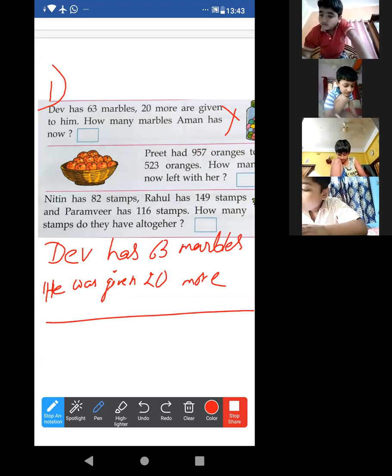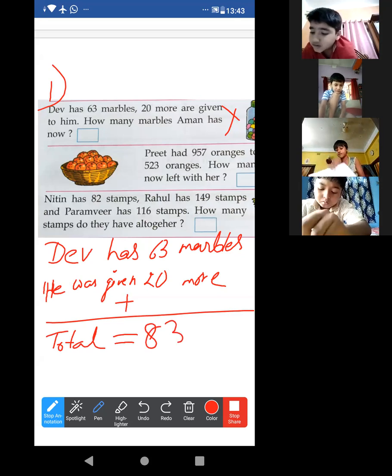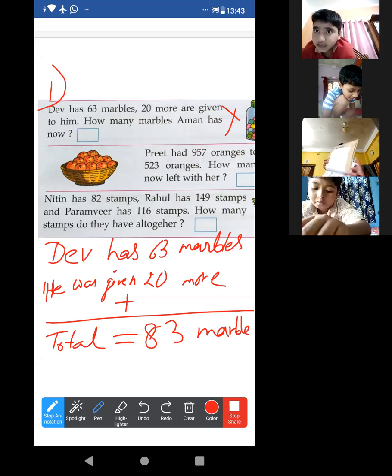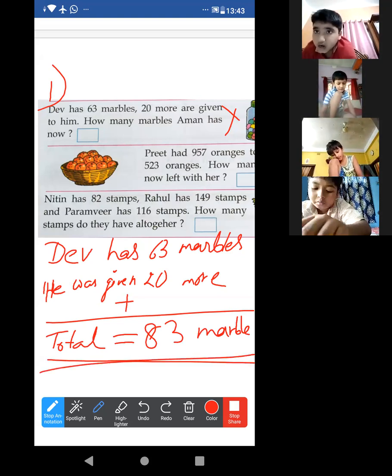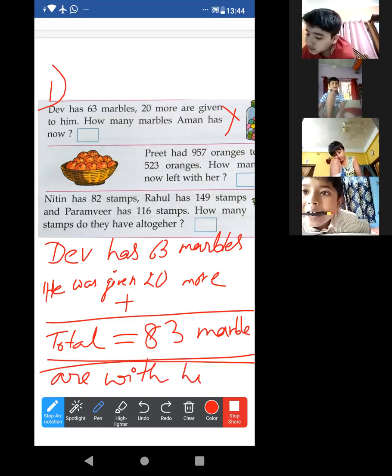Okay? Now, right now, how many marbles do you have? Total marbles. Just put the addition sign, okay? 83 marbles he has. Done, Tom? These marbles are with him. Just write in one statement, one line, okay?